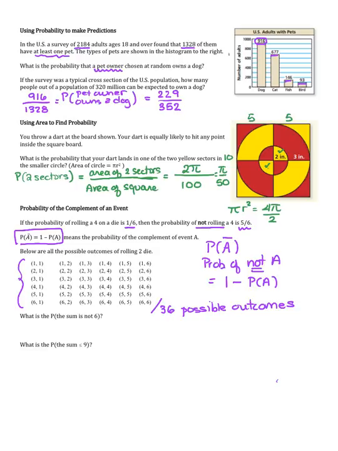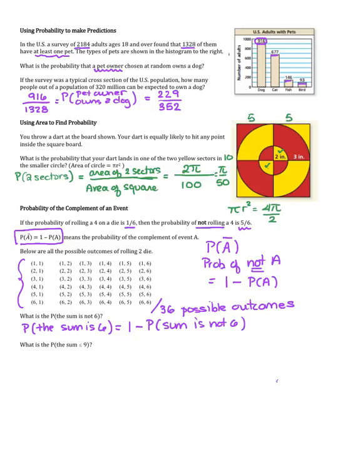So what is the probability that the sum is not 6? Well, there are a lot of sums if I'm going to go through and add up all of these. So let's just find the ones that are 6. So we're going to find the probability the sum is 6, because that will equal 1 minus the probability the sum is not 6.